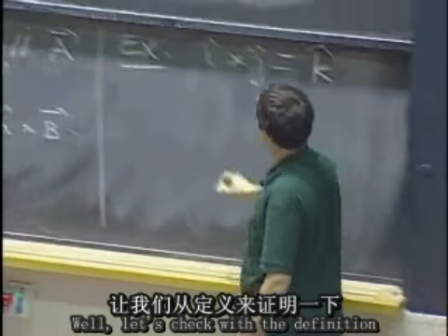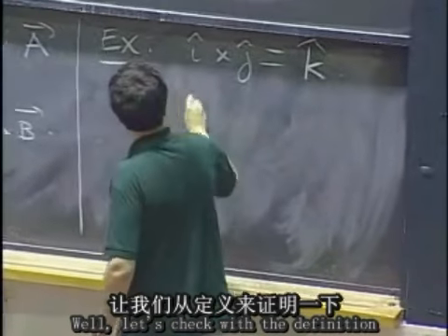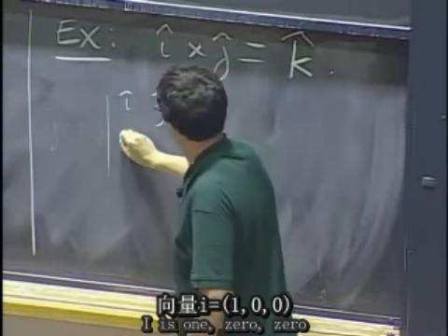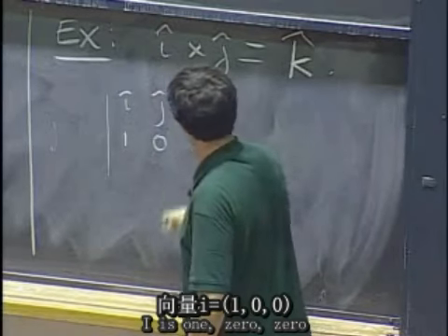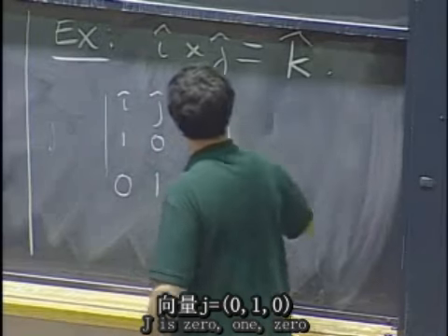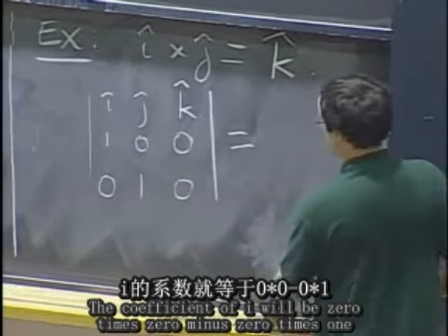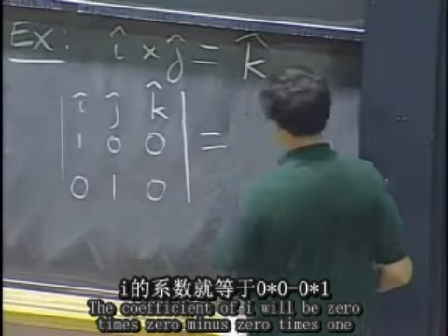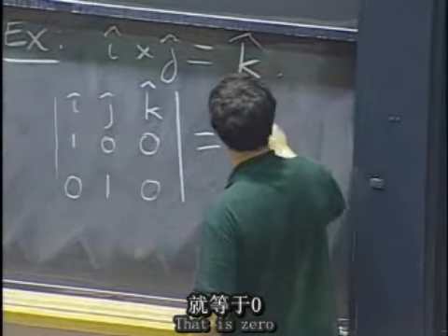Well, let's check with the definition. IJK, what is I? I is 1, 0, 0. J is 0, 1, 0. Well, so the coefficient of I will be 0 times 0 minus 0 times 1, that's 0.